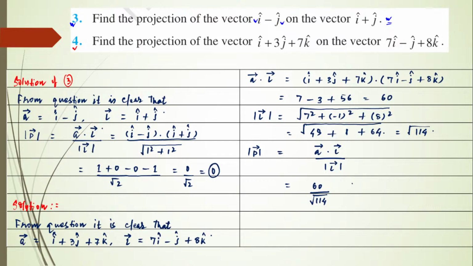So this will be the answer of question number 4. There are some differences between the solutions of question number 3 and 4, and each explanation is acceptable. You can use either of these two explanations if a question related to the projection of a vector is asked in the board examination.